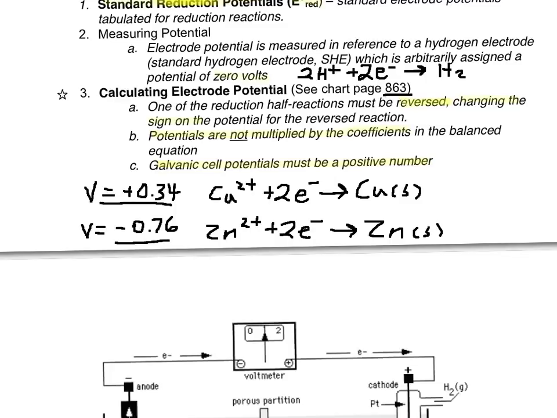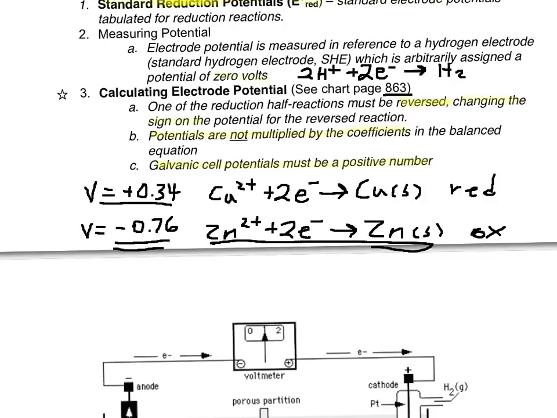So that means that copper is the one that's going to be reduced, while zinc is going to have to be oxidized, which means that I have to take this reaction and flip it around, and I need to make this positive before I can put these together into a cell.